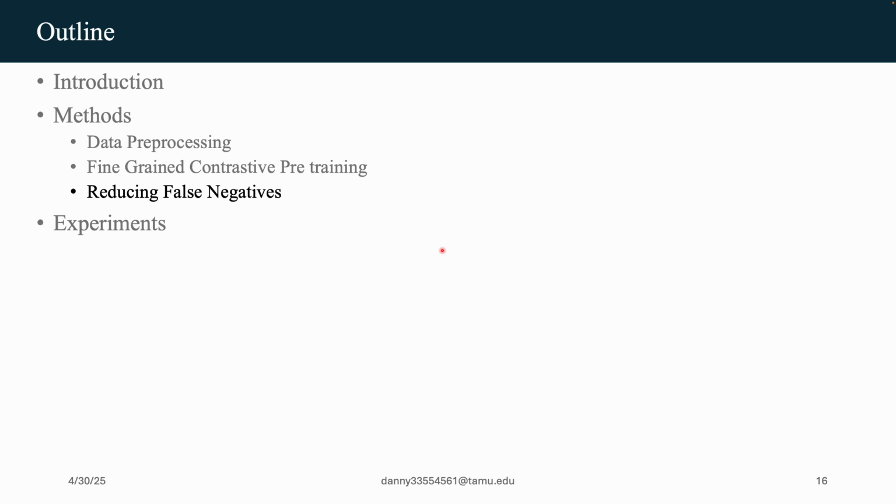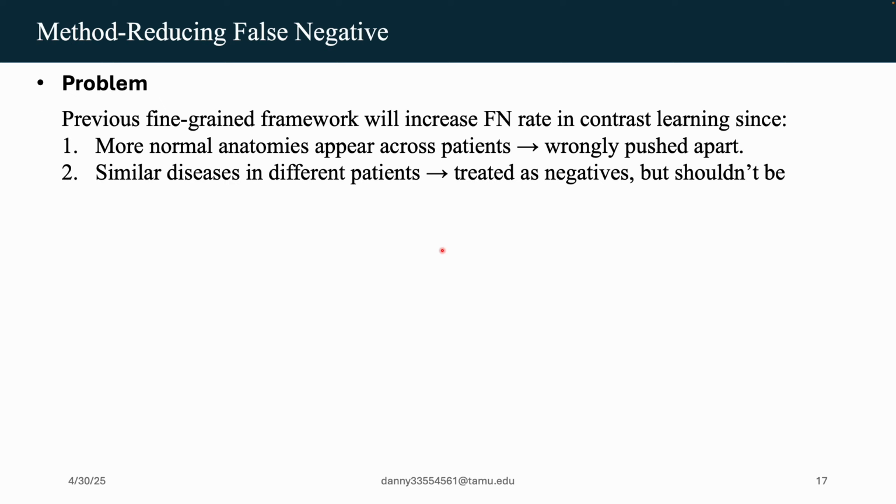Okay, and the next part is the methods to reduce the false negative rate. The previous fine-grained framework will increase the false negative rate in contrastive learning because of two major reasons.